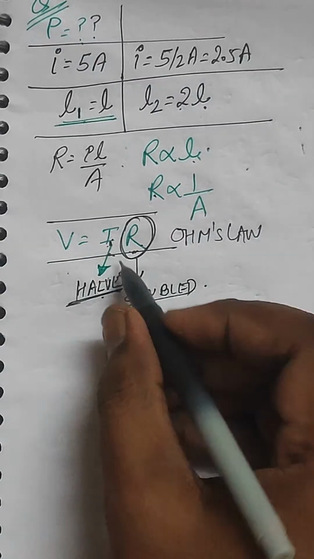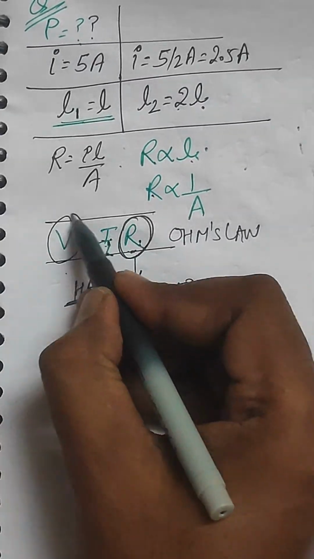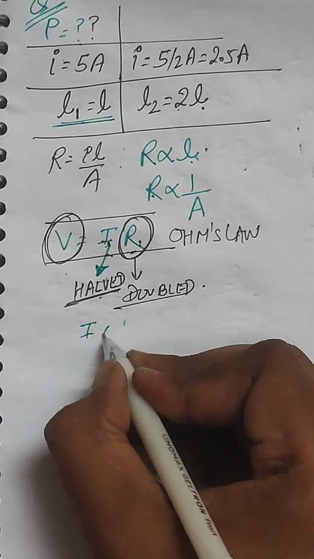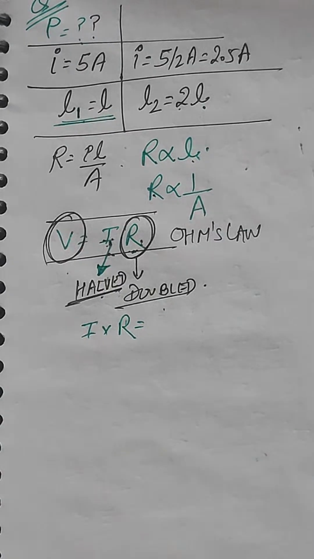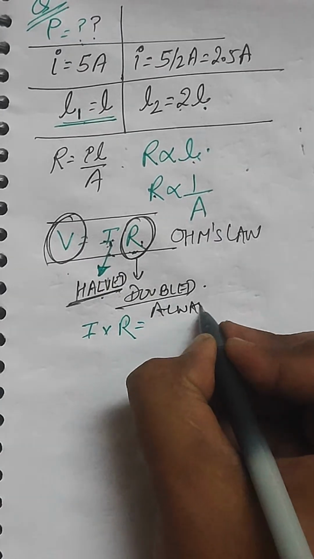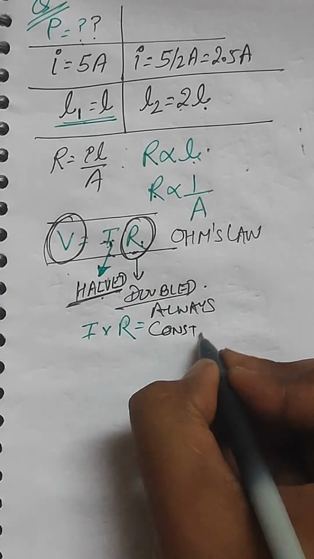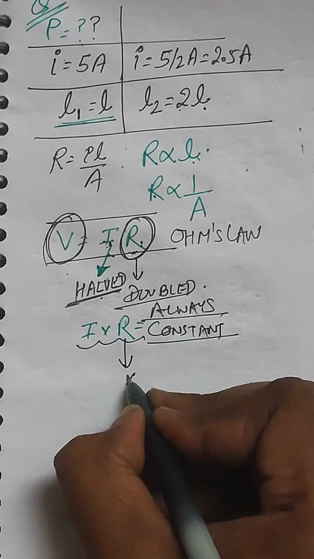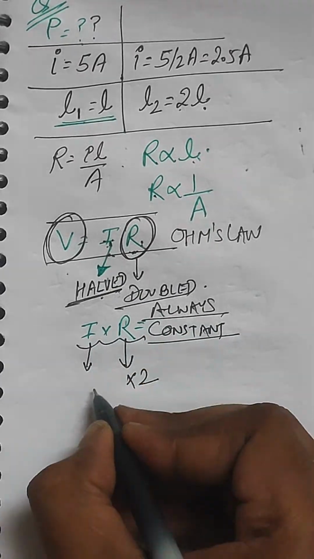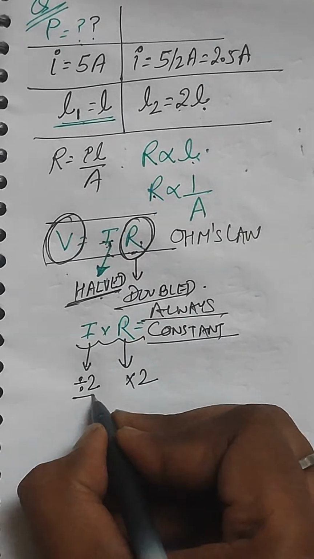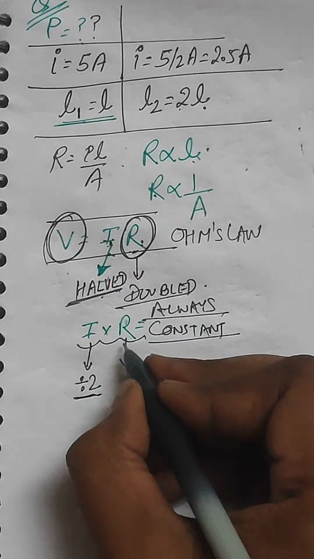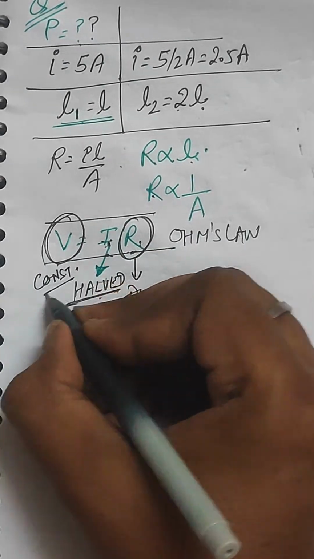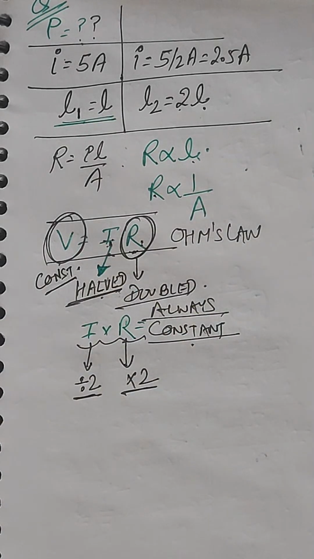Then only the product of I and R will become constant. That means if this is multiplied by 2, then I needs to be divided by 2, right? Then only this will give you a constant value of voltage, right? So this is the solution.